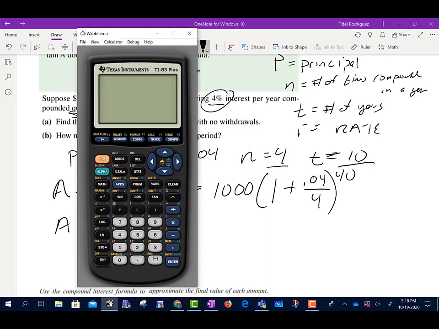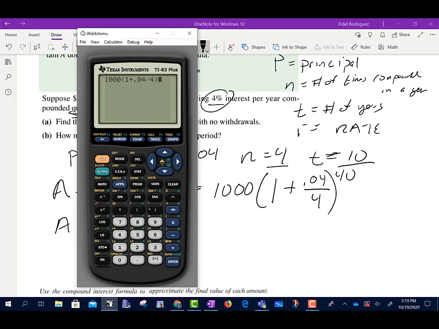I'm going to show you guys that when you're doing this, this is a straight plug and chug problem. I'm going to write out exactly what I see on my screen. So I'm going to put 1,000. And then I see parentheses, so I'm going to write them down. 1 plus 0.04. What are we doing next? We're dividing it by 4. What do we have after that? Close those parentheses.